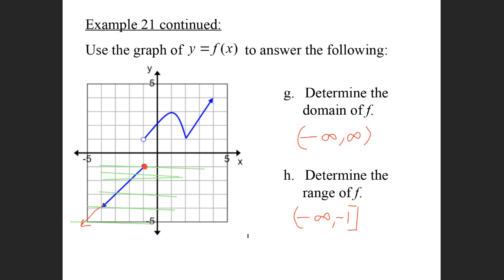Then we have another segment for the range. Now we'll stop intersecting the curve, but going back after a little bit, at y equals 1. Yes, y equals 1 is included again because of this.